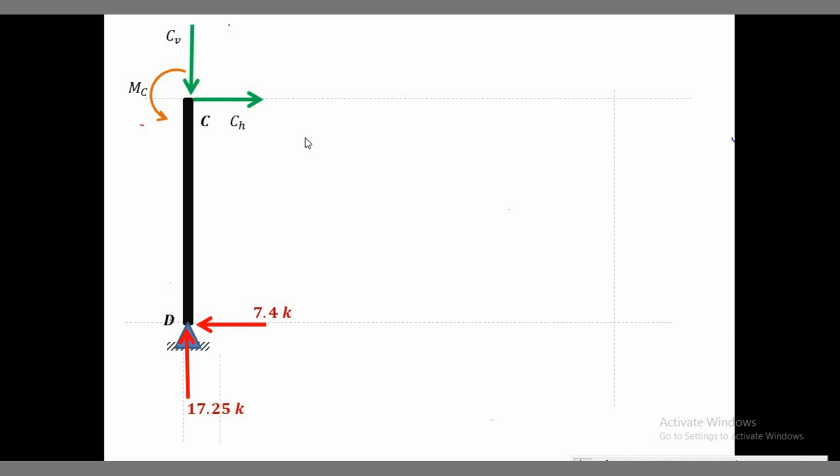Since awanan ti oras ipakita ko di answer. So these are the internal reactions at point C. Paki-double check na lang po mamaya kung may oras kayo.